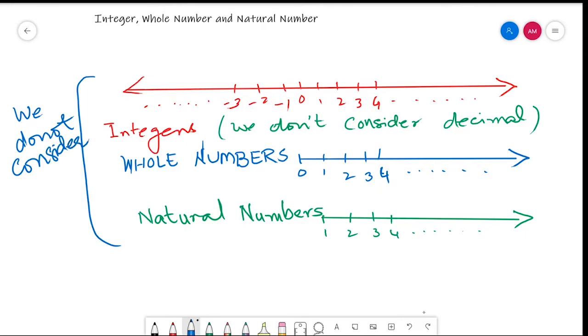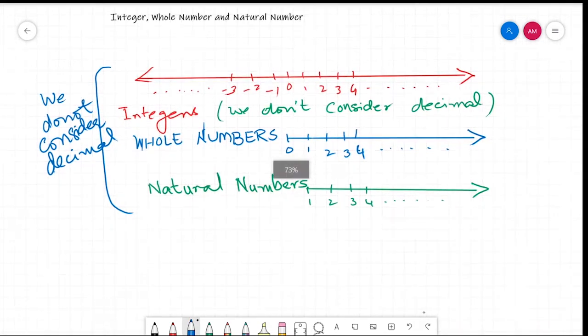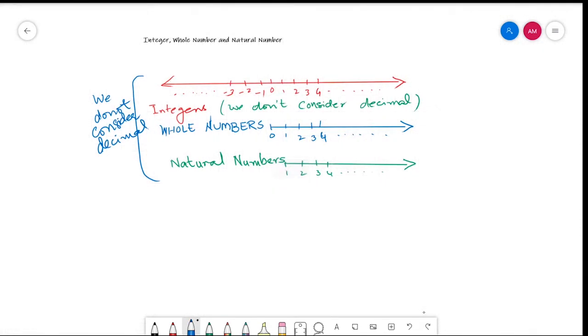So decimals are not a part. That's one thing which we learned today.